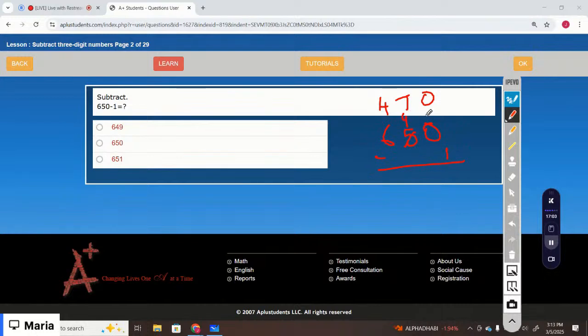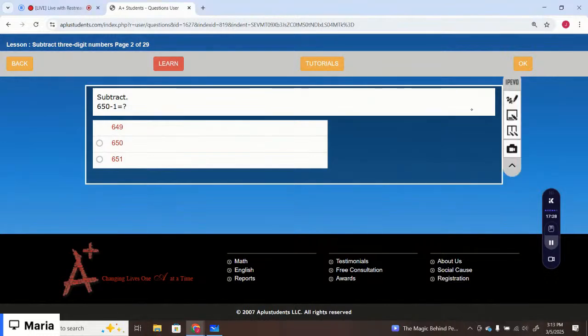So you're left with 4 here, and the one you borrowed makes 10. 10 take away 1 is 9. We do not have any digit to subtract here, bring down 4 as it is, and 6. So that is 649. Option number 1 is the correct option. Very good.